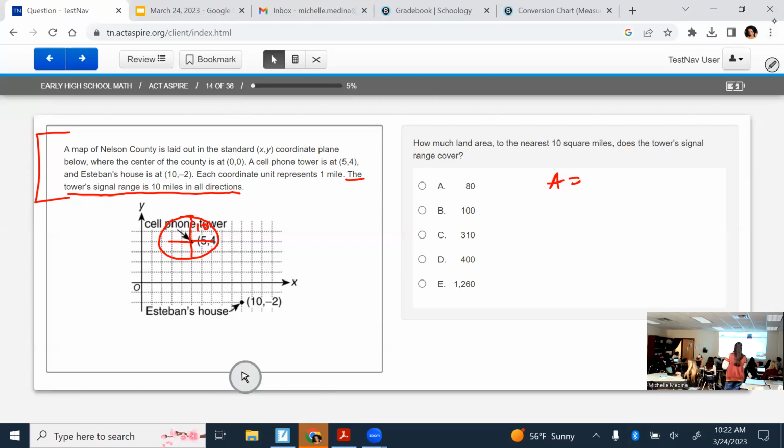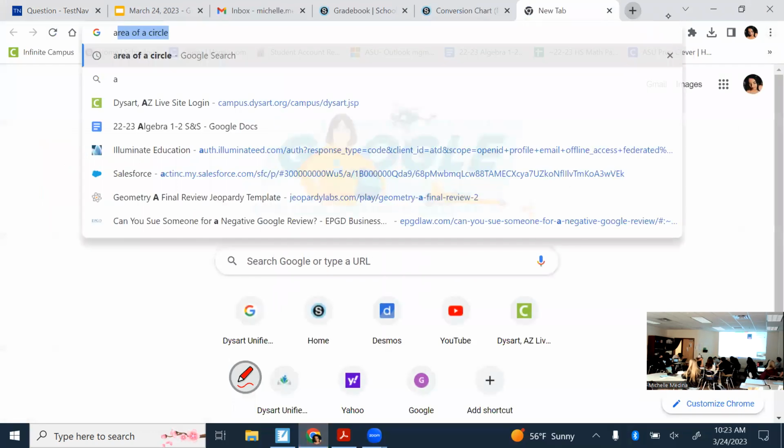So then we should add that to the list of other areas they expect you to know. So they expect you to know how to find like area of rectangles, area of triangles. They all have different formulas. For area of a circle, it is pi r squared. And I just did that off the top of my head. Let me just double check myself.